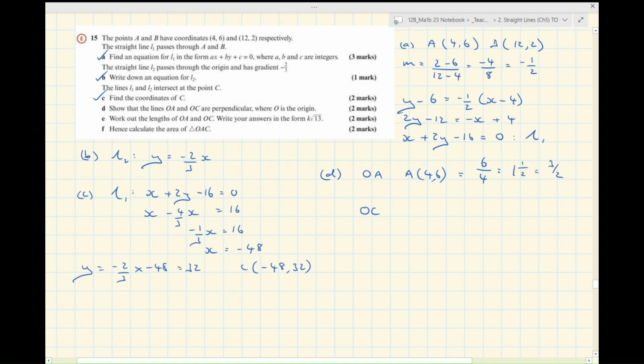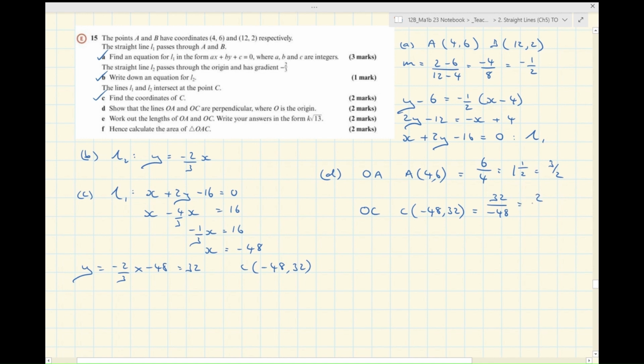Let's have a look at OC. Well, the point C is minus 48, 32. So I'm going to do the y-coordinate of C, subtract the y-coordinate of the origin. So that's just 32 over the x-coordinate of C minus the x-coordinate of the origin. So that's just minus 48 minus 0, or minus 48. Now, what can I divide? I can divide top and bottom by 16.